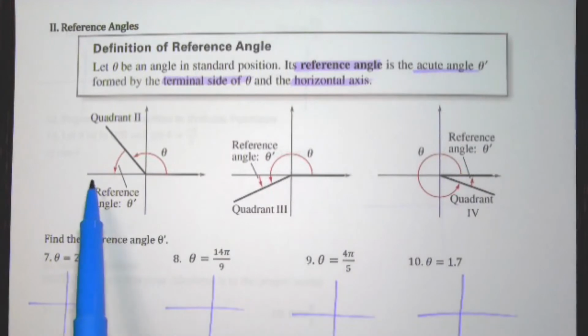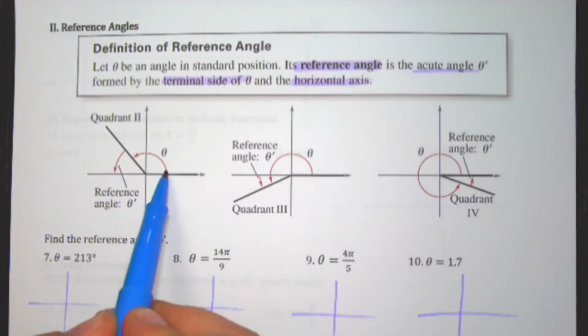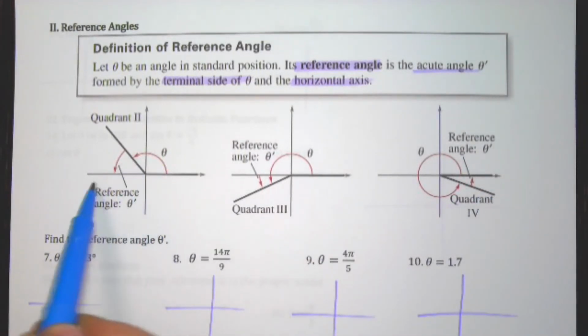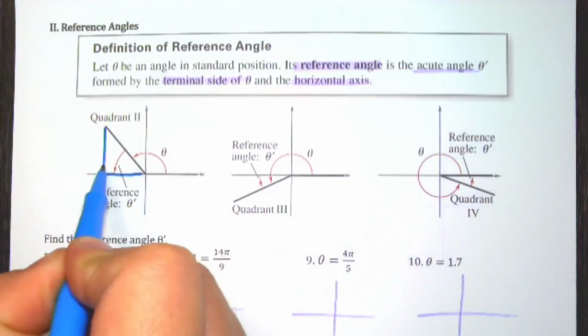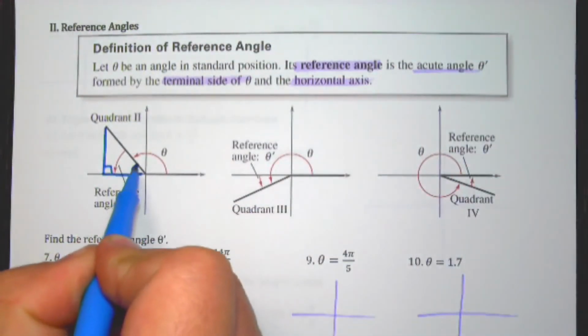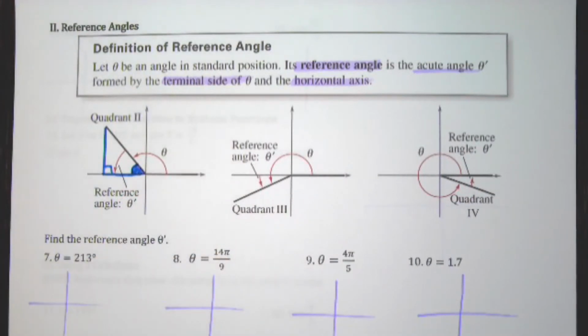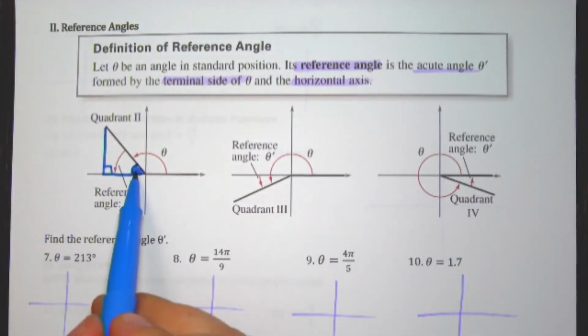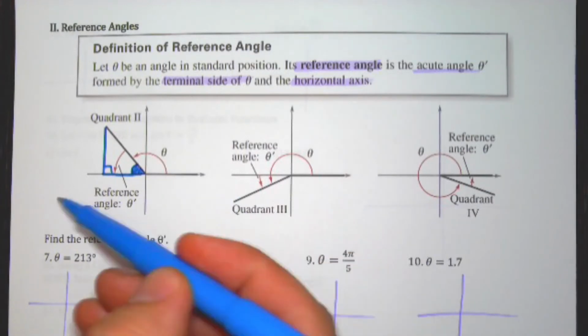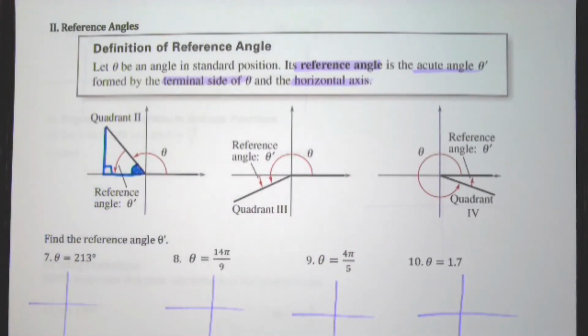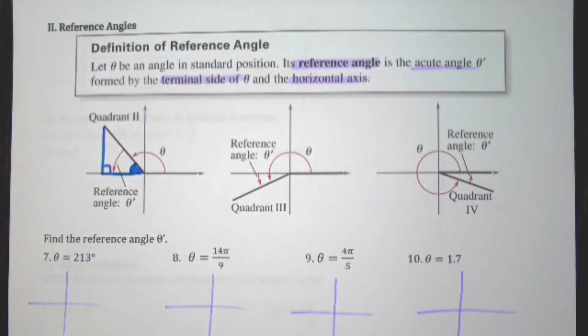So we have 3 examples here. If this was our angle theta, the reference angle, or the angle we kind of use, right, to make that right triangle, was this angle right there. And then the sine, cosine, and tangent from this point was the exact same as we saw over here. Now, the one thing to remember, right, we had to include signs when we made those triangles. So we'll keep that in mind as we move forward.